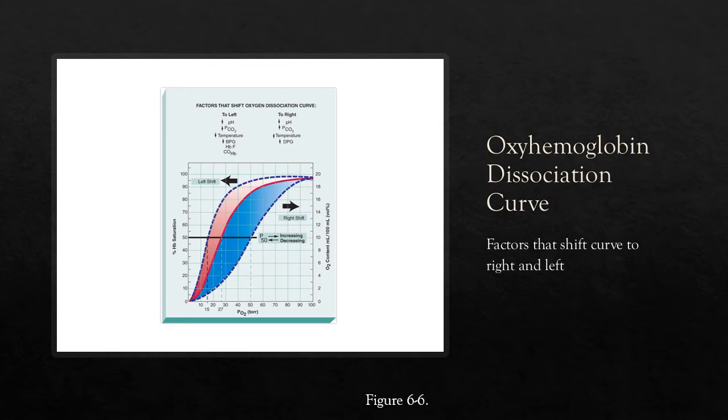Newborn babies that have fetal hemoglobin on board generally have a left-shifted oxyhemoglobin dissociation curve, and they will hang on to oxygen quite tightly.